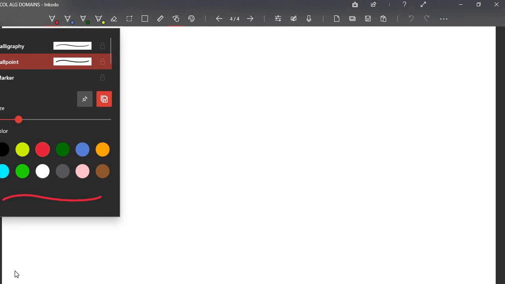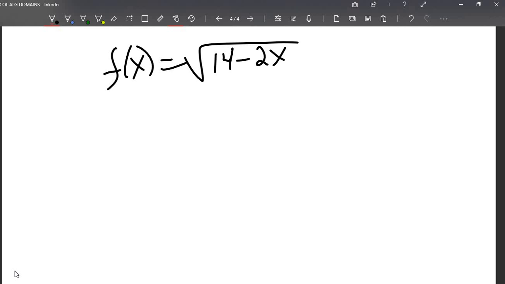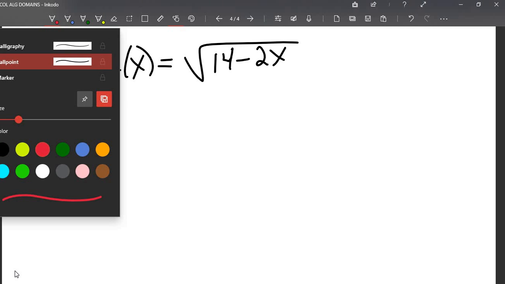Let's do another one. Let's say I have f of x is equal to the square root of 14 minus 2x. All right, so we're going to take what's underneath. I'll circle it in red again.